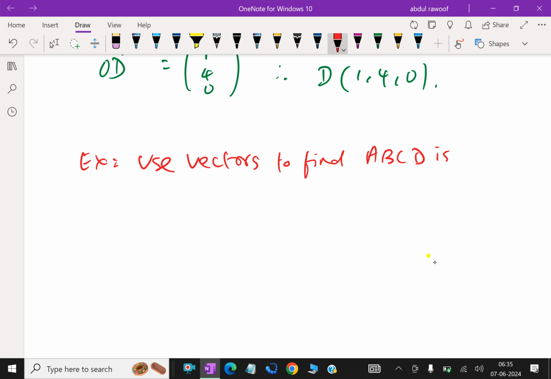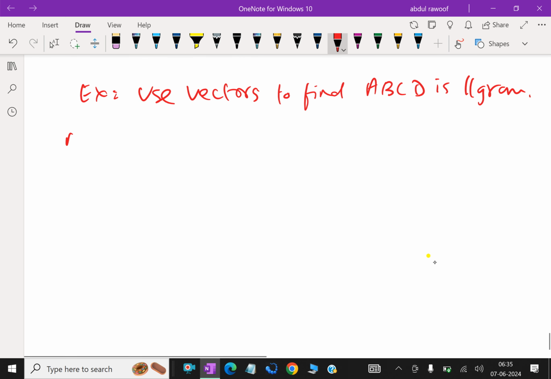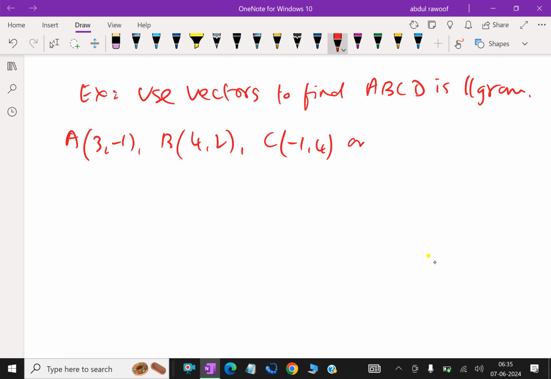How to prove this? Suppose point A is given 3, minus 1, B is 4, 2, and C is minus 1, 4, and point D is minus 2, 1.